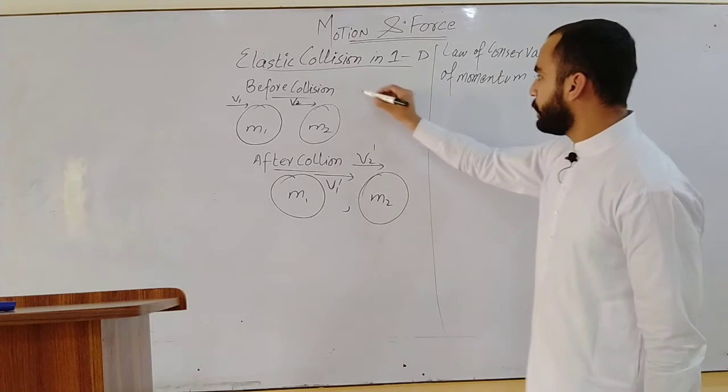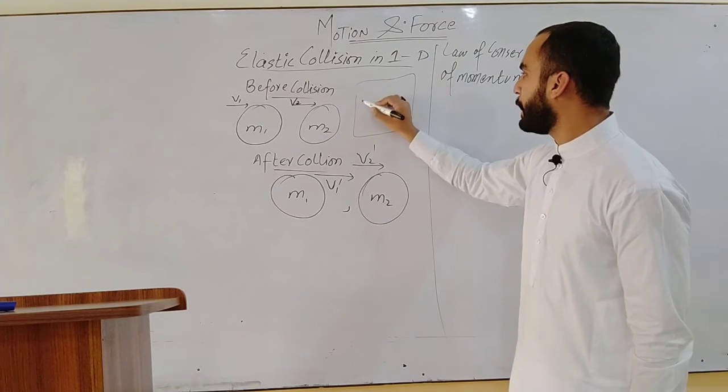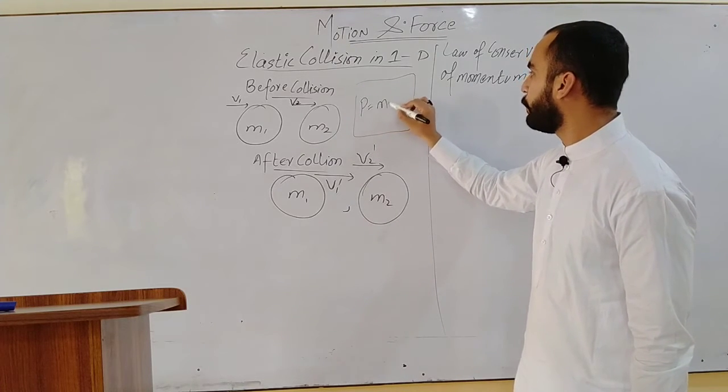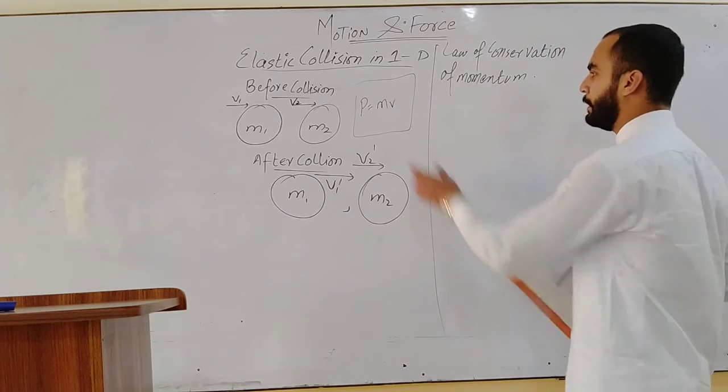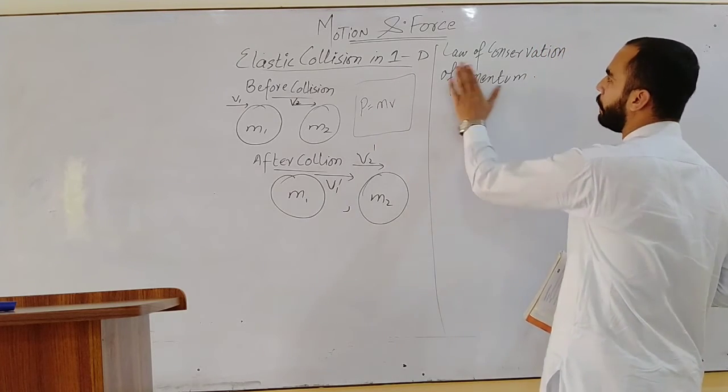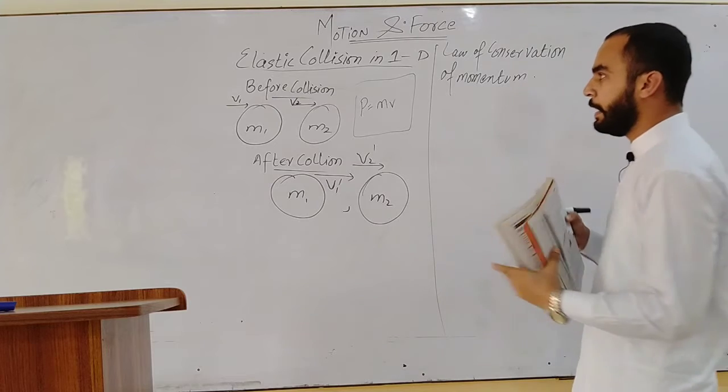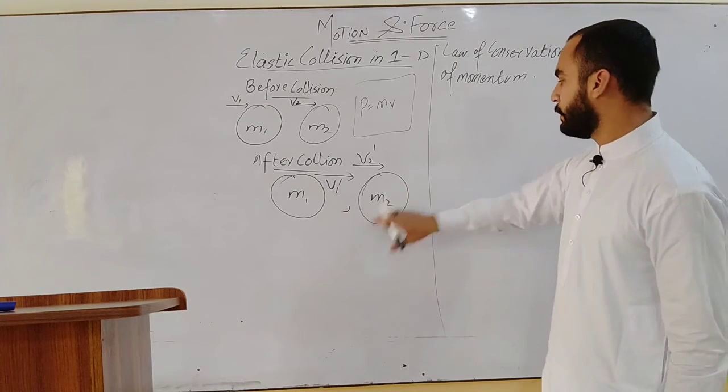As the definition of momentum says, P is equal to mv. So by using this formula, we can say that according to the law of conservation of momentum, these formulations acquire a new equation.